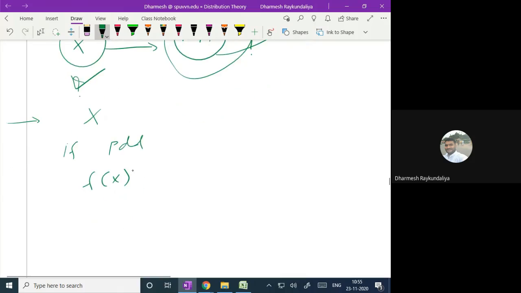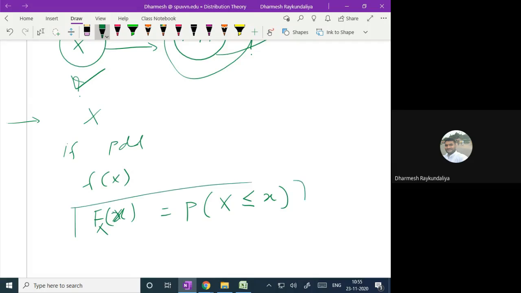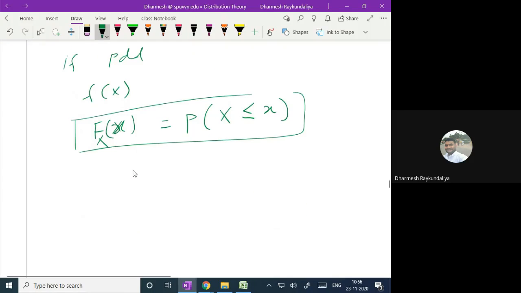When you talk about the distribution function, it is known as the cumulative distribution function. That means you are trying to find the probability that X is less than or equal to x. We calculate it in both cases, whether it is discrete or continuous. So we have studied the standard normal, we have studied the distributions.